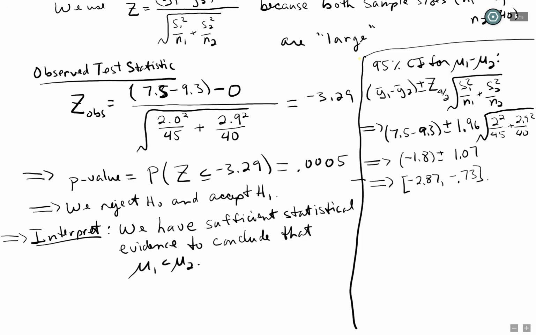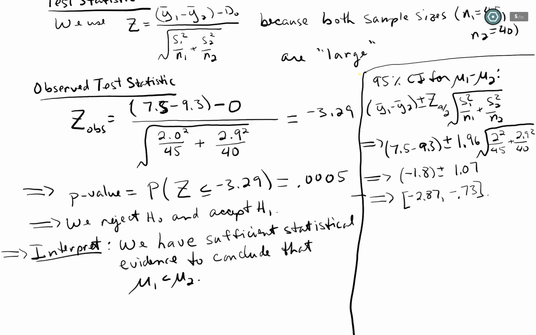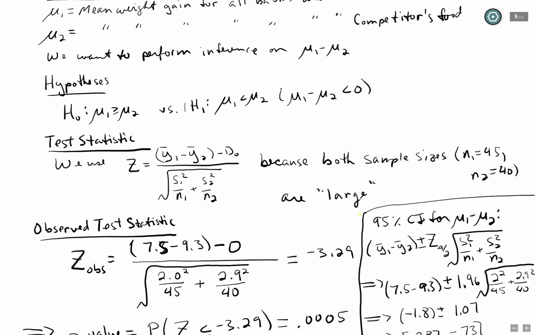And so the way we would interpret this, it corresponds to the alternative hypothesis, right? We're 95% confident the difference of mu1 and mu2 is in between these two values. That is, we're 95% confident that the difference is negative. That corresponds to this alternative hypothesis here.